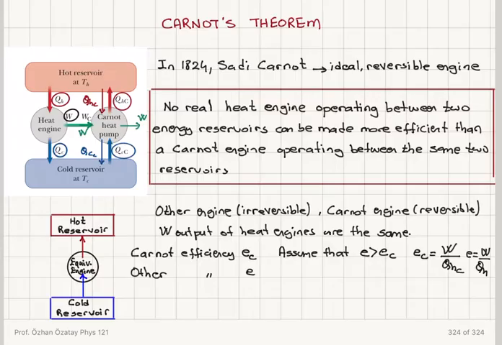Now, since I assumed that the other engine is more efficient, I have W divided by QH is greater than W divided by QHC, which tells me that the heat absorbed by the Carnot engine must be greater than the heat absorbed by the other engine.